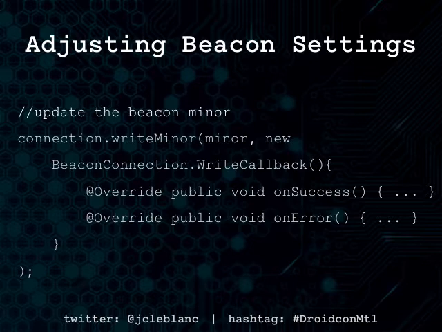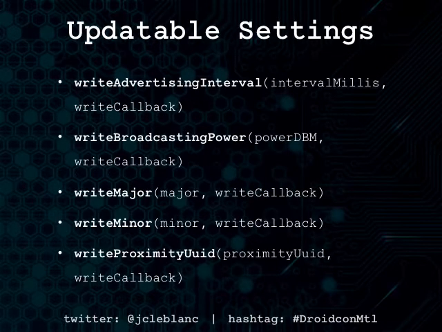What you're going to provide is the new minor that you want, so the new integer that you want in there, and then you have your callbacks. You'll have a callback for every single thing where you have an onSuccess and onError that you can manipulate, change your UI, do whatever you want. Send a message up just to show them that it was connected, something like that. So these are all the methods that are available to you in an actual beacon connection to start working with.